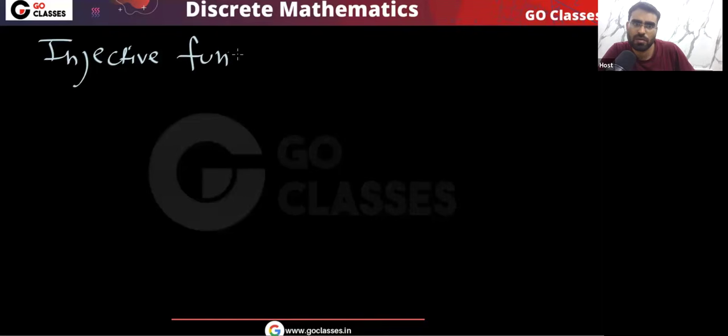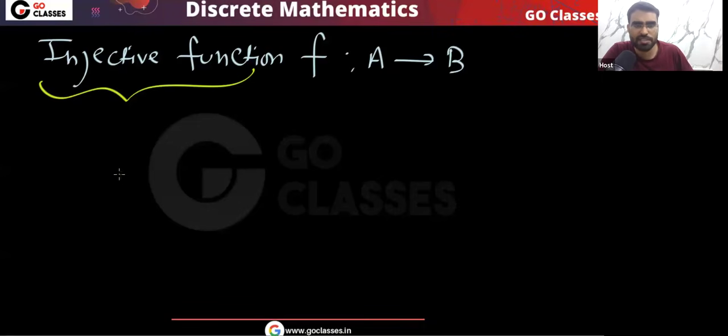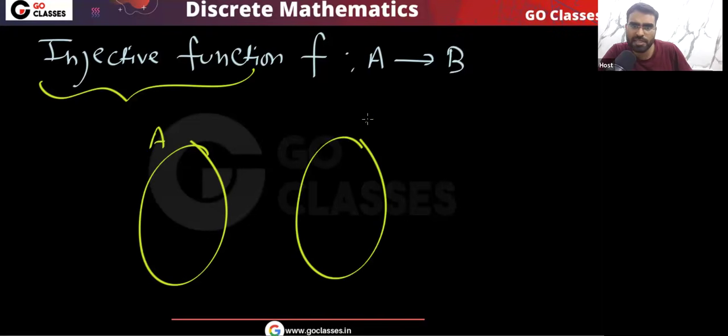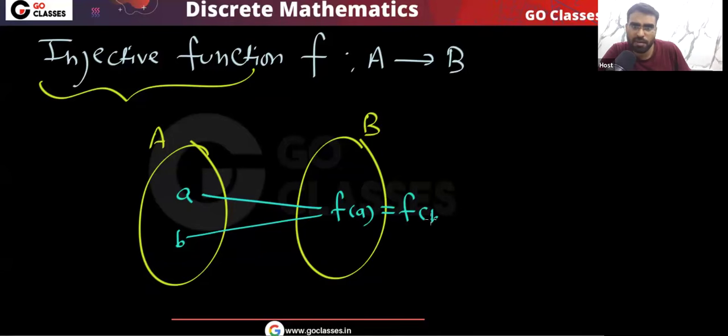Let's assume you have an injective function f from set A to set B, meaning different elements have different images. Now tell me, if f(a) and f(b) are the same, if they are mapping to the same element, then what can you say about a, b?